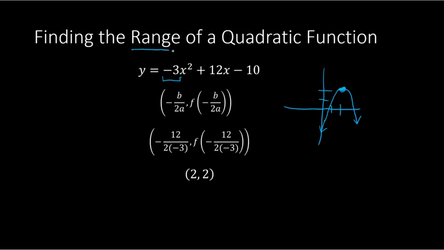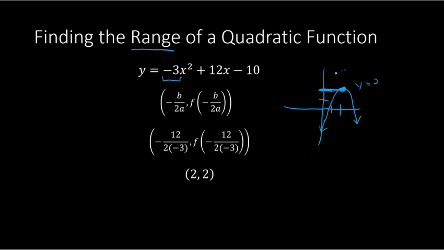Now, our question though is to find the range. Remember, range means y values. So what are the values of y that hold true with this function? What are our possible values for y? Notice here, y is up and down on a graph. At this point, y would equal 2, and then y can be 2 or anything less than 2.